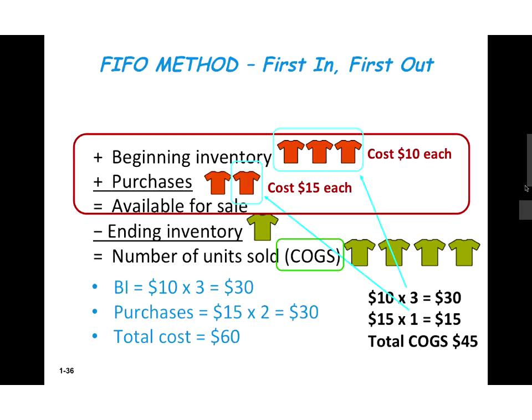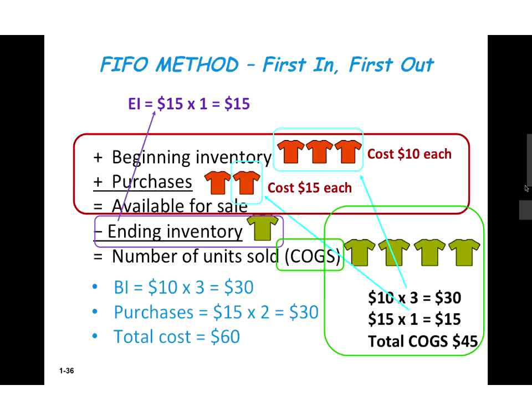So FIFO refers to selling those oldest units first, and our oldest units are the ones in beginning inventory. We sold a total of 4 units, so we sold 3 from beginning inventory. That was all we had in beginning inventory. And then we sold 1 from purchases for the other. So our cost of goods sold is $45 under FIFO. Then ending inventory under FIFO is going to be that 1 left over in purchases.